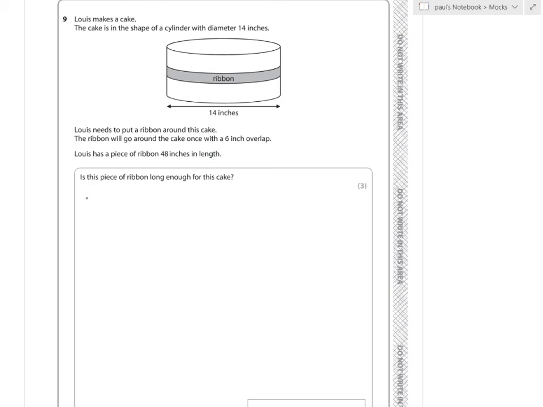So the circumference equals pi d, and the diameter is 14, so pi times 14 is 43.98 inches.